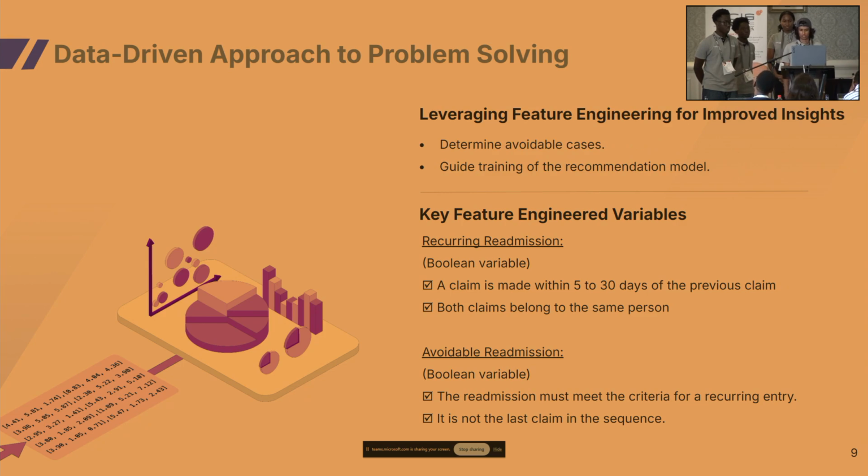Leveraging these engineered features helped determine avoidable cases, first of all, and secondly, knowing these avoidable cases and recurring cases is essential for training our recommendation model on recommending the top three best medications or treatments for treating influenza.